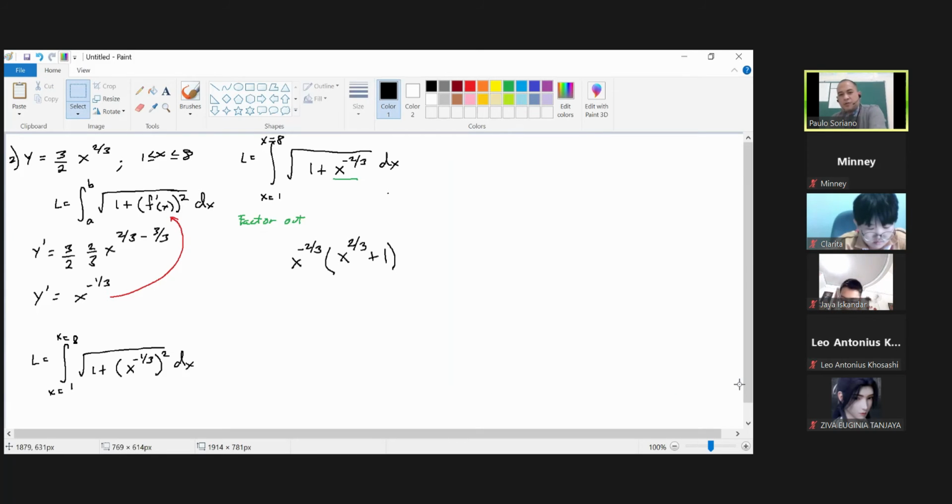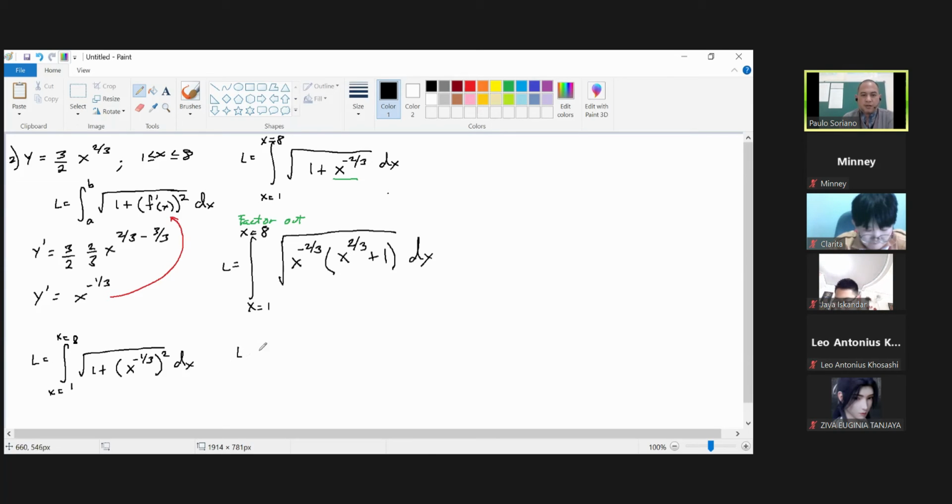Okay, so let's just complete it. So this is going to be the square root of the integral from x equal to 1 until x equal to 8, and that is our L. The dx is outside. What's so important there is at least now we can separate it into 2 factors.